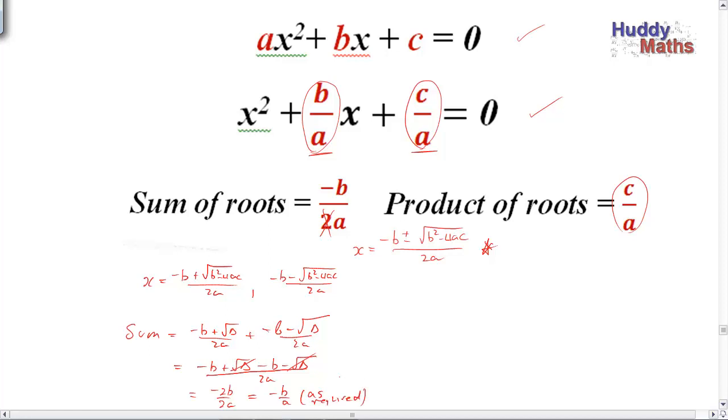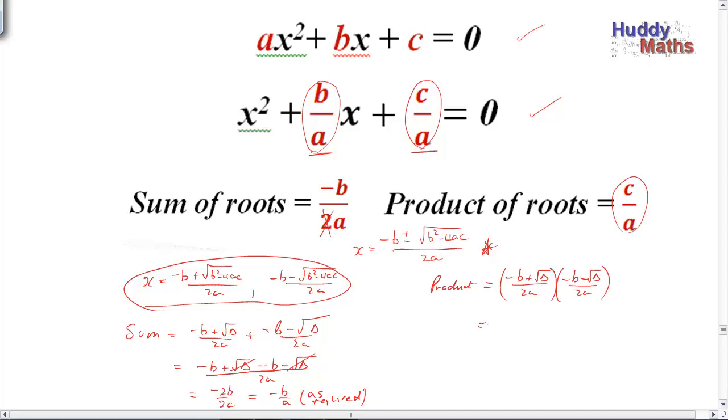Okay. All right, so using these roots again now, the product of the roots will be negative b plus the root of the discriminant over 2a, times negative b take the root of the discriminant over 2a, which will equal, now it'll be all over 4a squared, won't it?